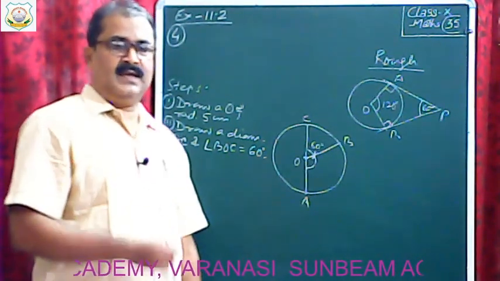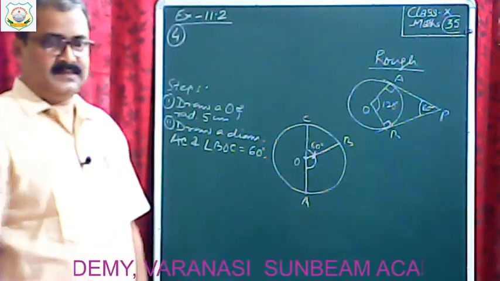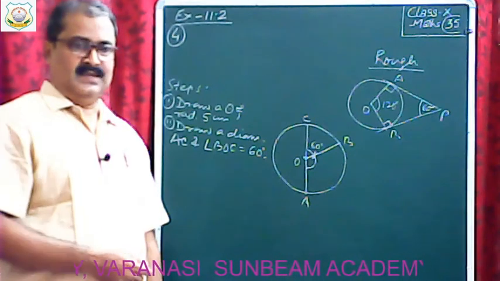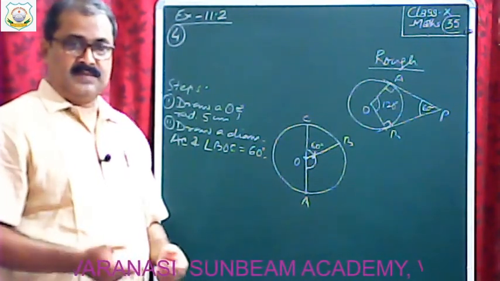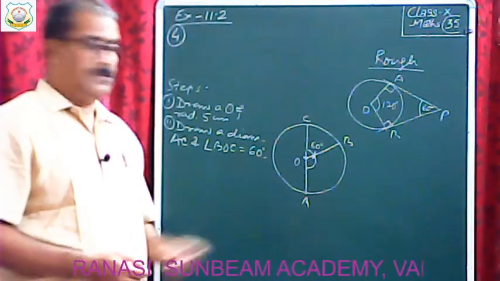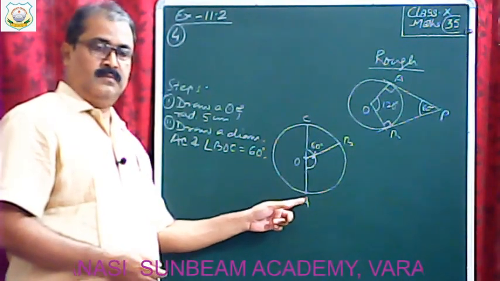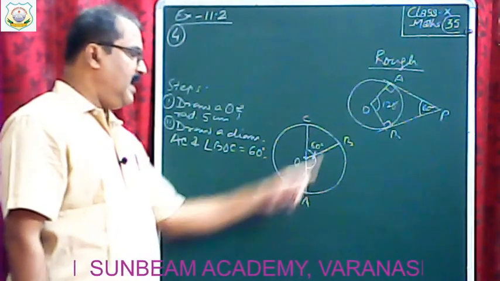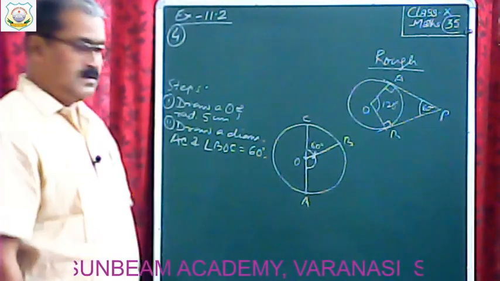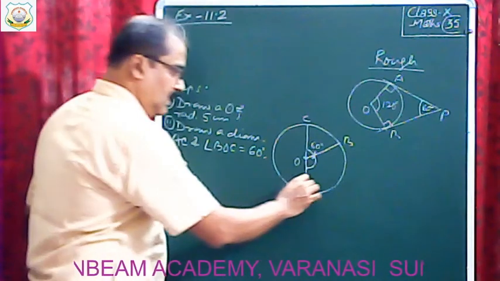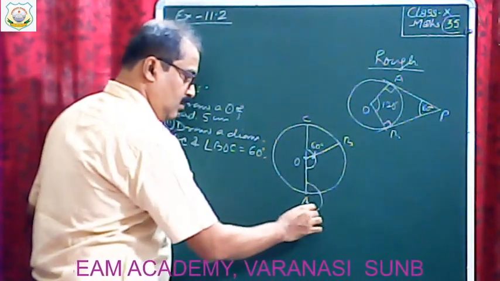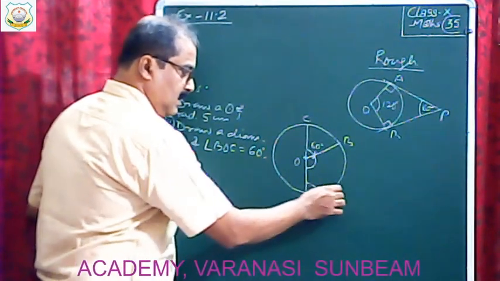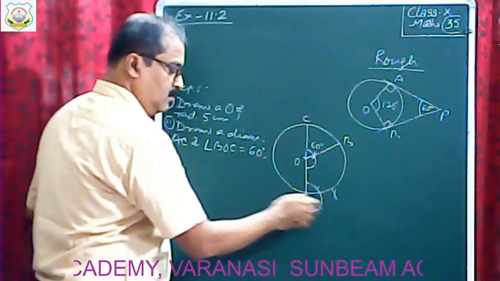So points A and B lie on the circle. If a point lies on the circle and you want to draw tangents, then what steps you have to follow? You have to draw a perpendicular from the point lying on the circle. From A and B you have to draw perpendiculars. Perpendicular everybody knows: with A as center, draw an arc of any radius, and again draw arcs from these two points of intersection.